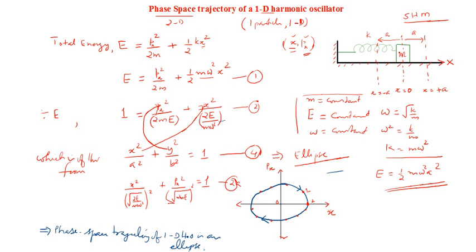This is the maximum value of the x coordinate that is taken by the object, because it does not go beyond this point. As far as this particular motion is concerned, the maximum value of x is plus a. So this point is actually plus a.